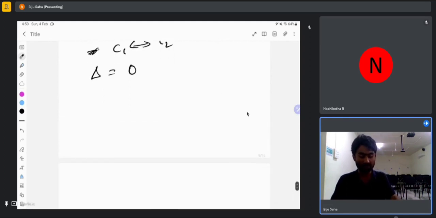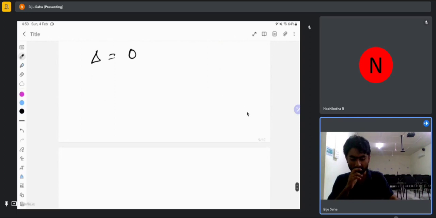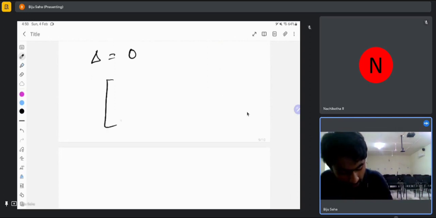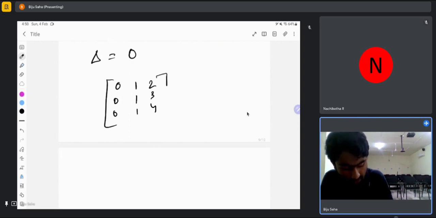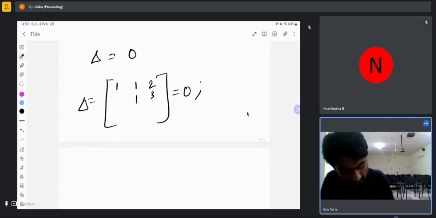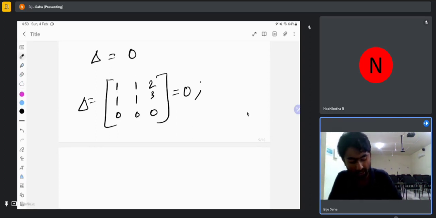And there is another property of the determinant, that if any one row or any one column happens to have all the elements 0, then that determinant is also equal to 0. Similarly for columns, so in this scenario also the determinant turns out to be 0.